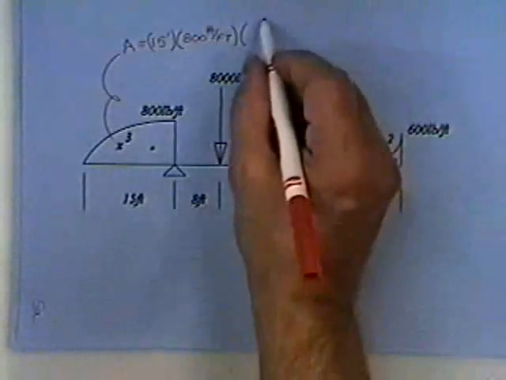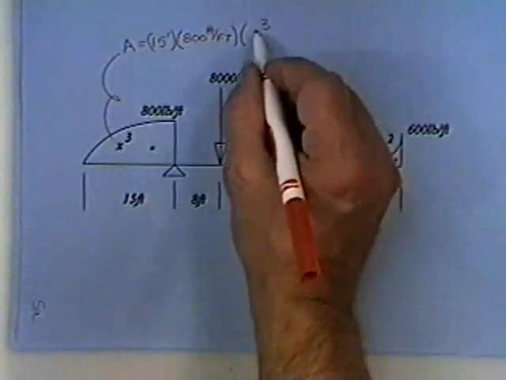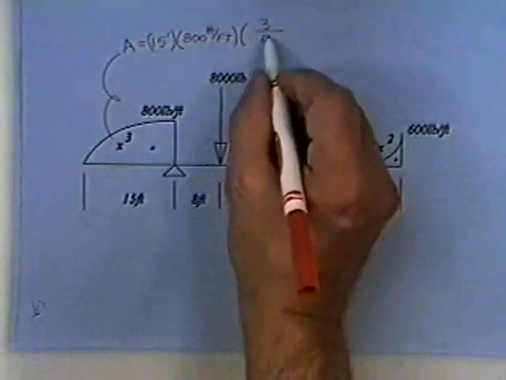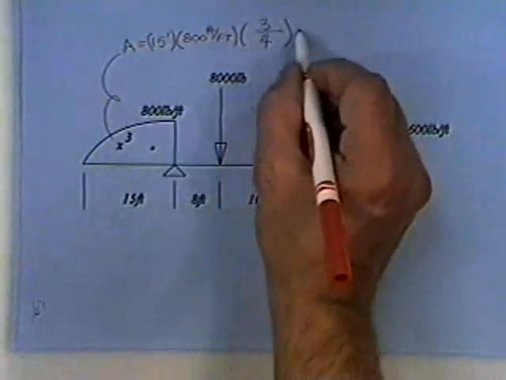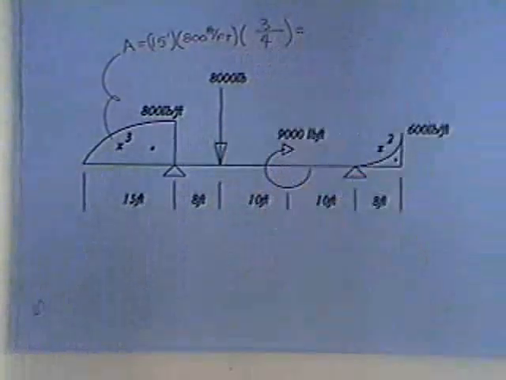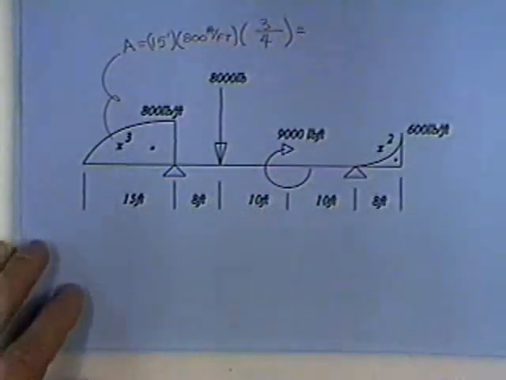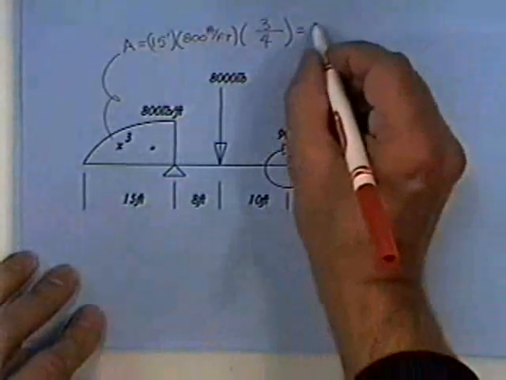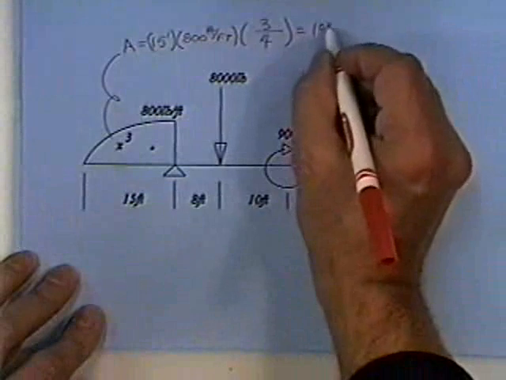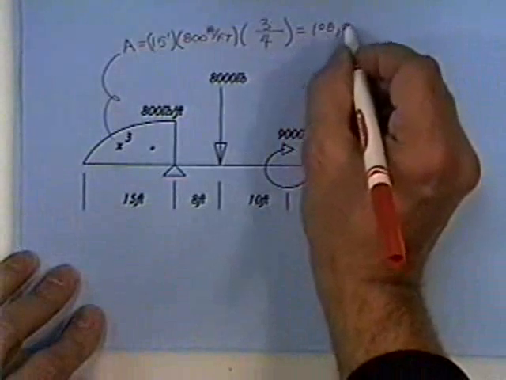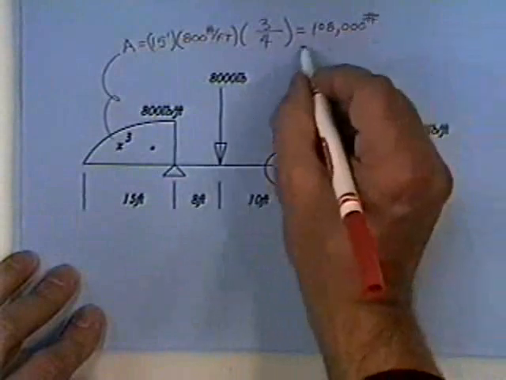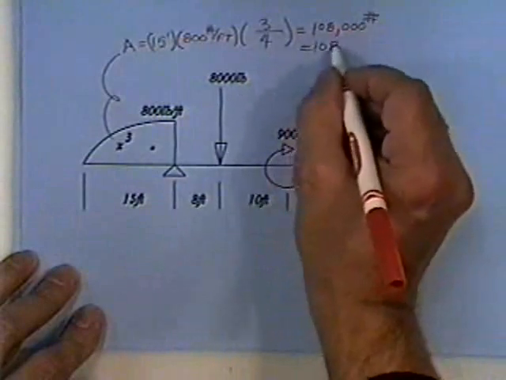That's an x cubed curve, so I multiply it times 3 divided by n plus 1. That's 3 plus 1 is 4. So the area under that load is 3/4 base times height. Okay, 108,000, plenty close, pounds. In other words, it's 108 kips.